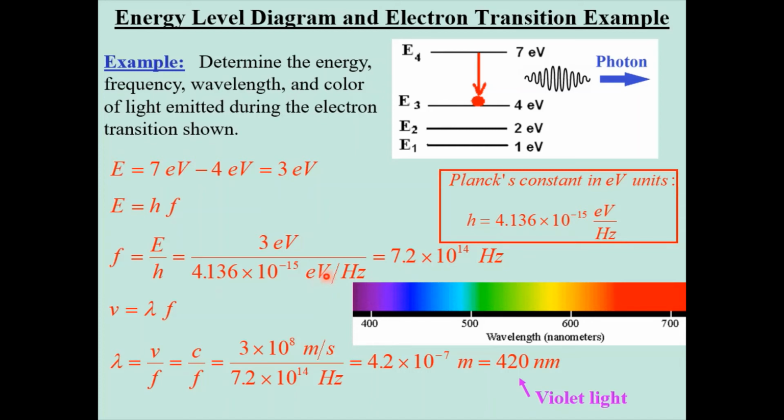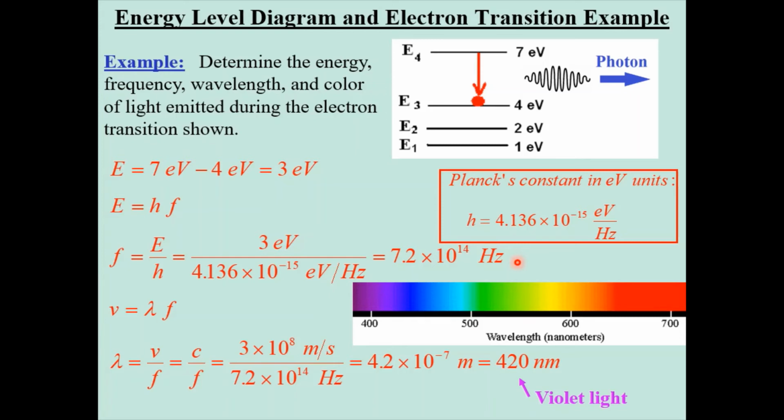So 3 divided by that number gives us the frequency, which is 7.2 times 10 to the 14 hertz. And this reminds us again that the frequency of light is extremely high. This is 720 trillion hertz. Okay, so light vibrates very, very quickly.